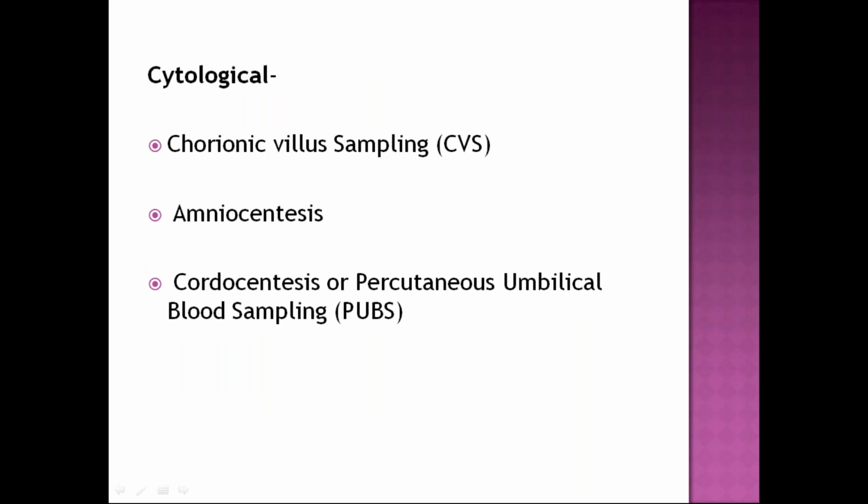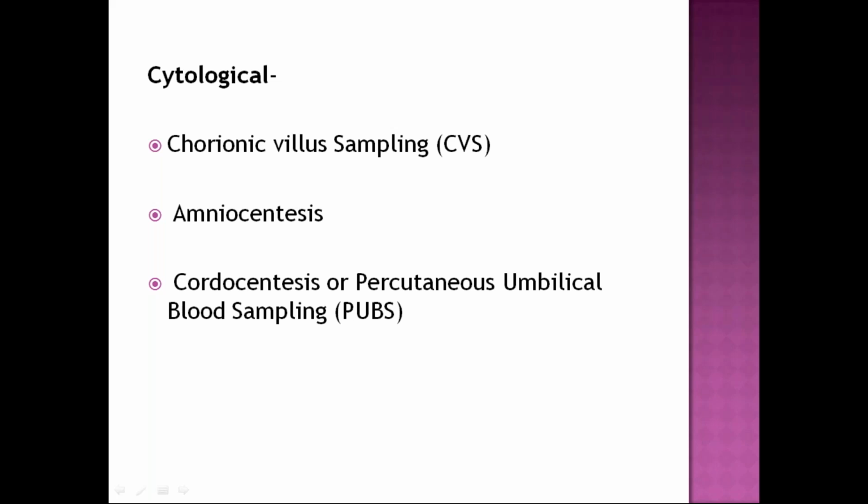Another thing is to know the diagnosis of some congenital malformation syndrome. We take chorionic villus sampling, amniocentesis, cordocentesis, because all these things can be done.